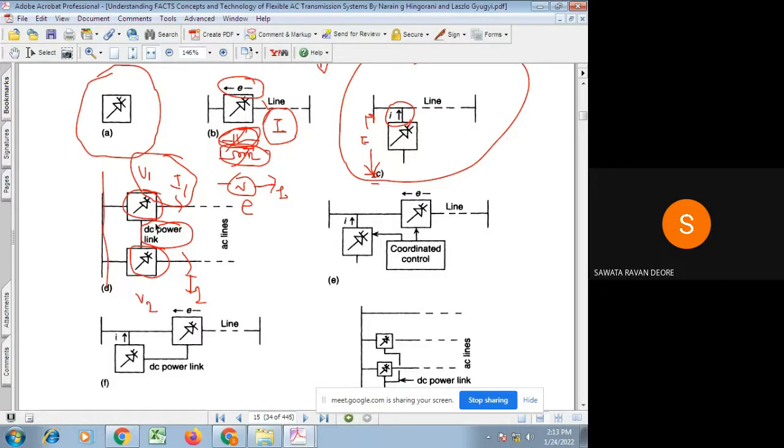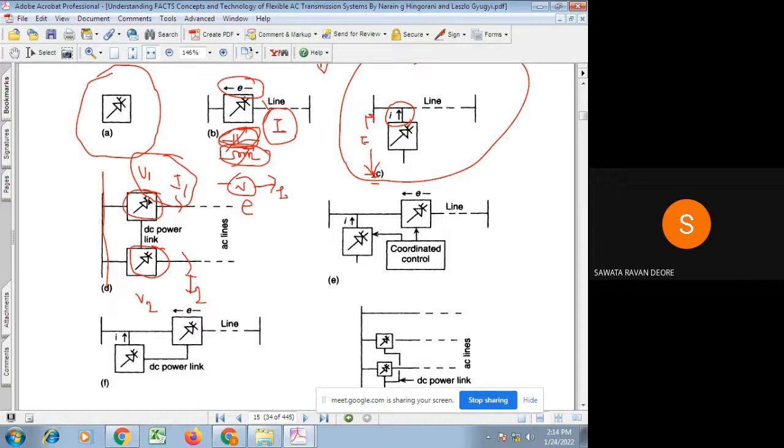So we can operate either in a coordinated manner or a unified manner. Unified manner means, as here the common DC link is provided, whatever real and reactive power this one converter exchanges with line 1, accordingly it will either inject or absorb real power.